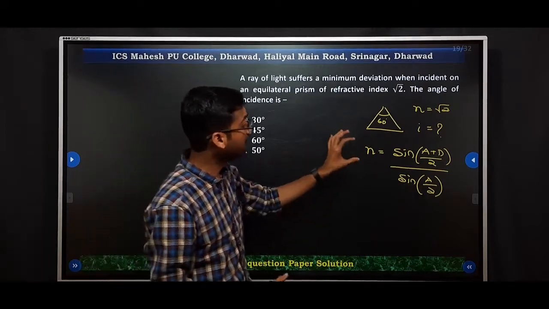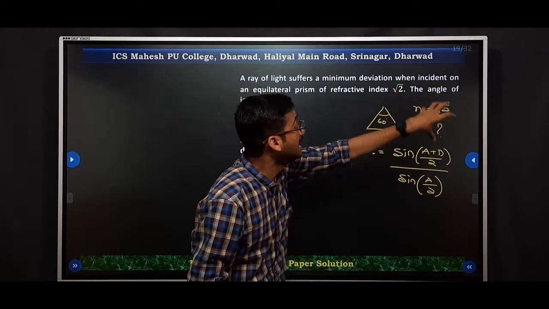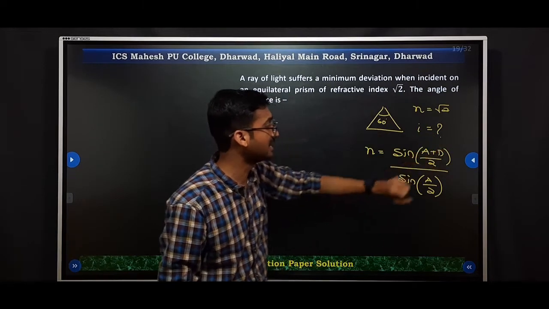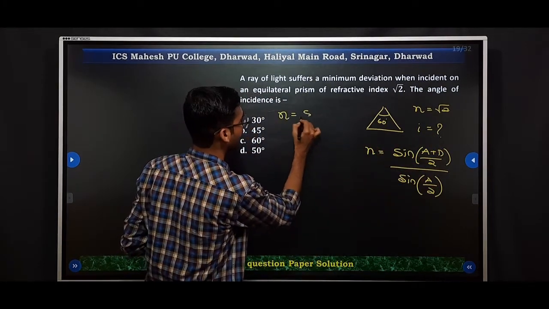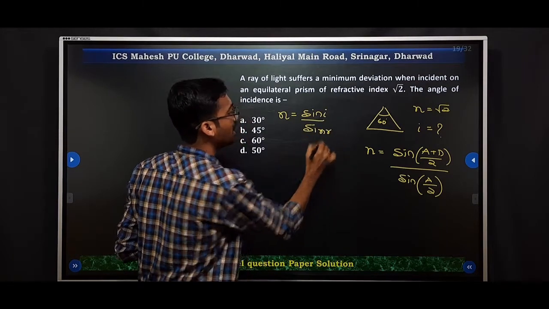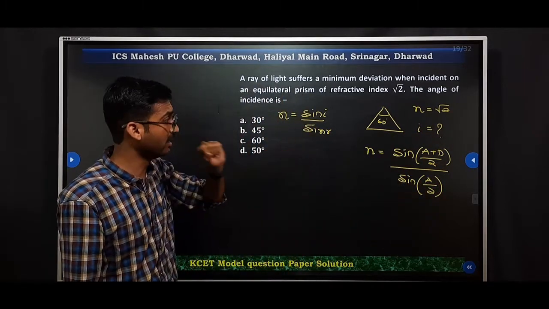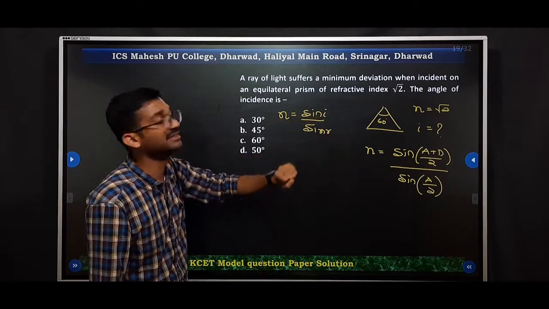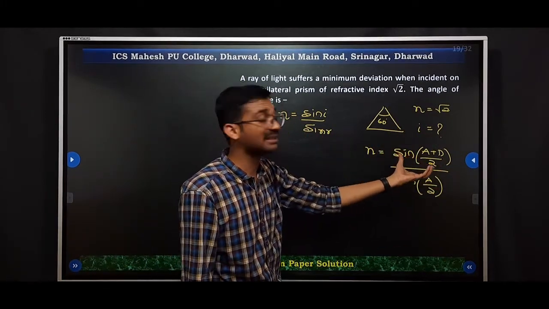If I find it from this equation, is it possible to get the angle of incidence? This equation was actually derived from sin i by sin r, where this one is the angle of incidence and this one is the angle of refraction. But this is not sufficient to get the angle of incidence.